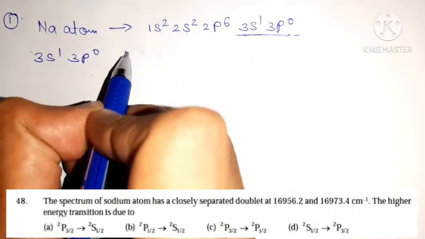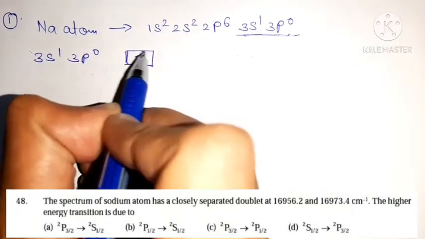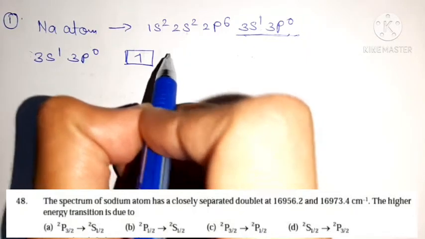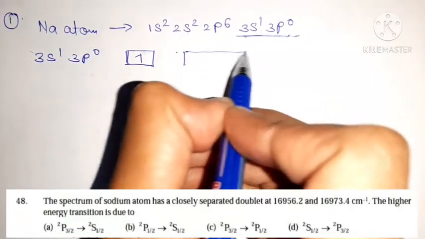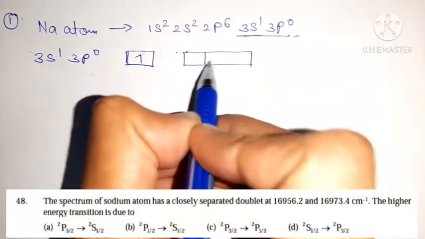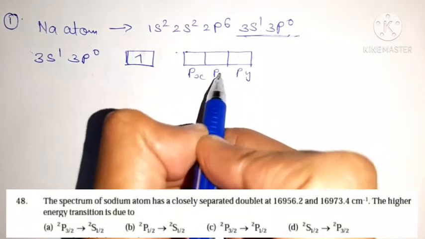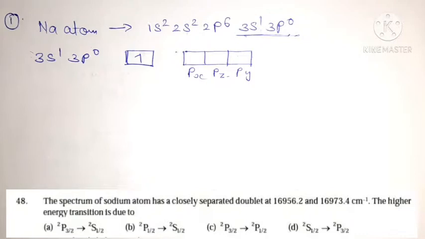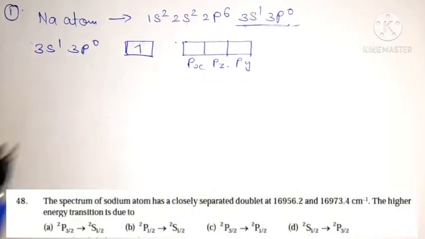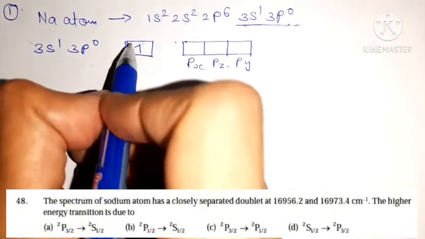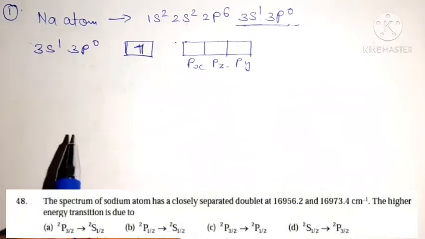It means it has one electron present in 3s orbital, and its p orbital will be empty. This is px, this is py, and this is pz. That means it has a single electron present in s orbital.